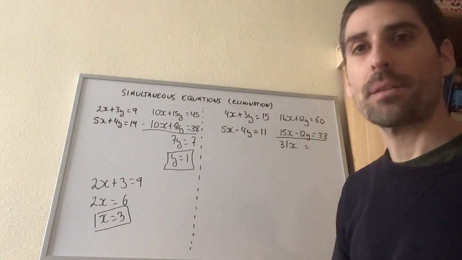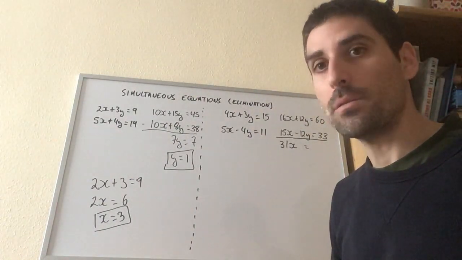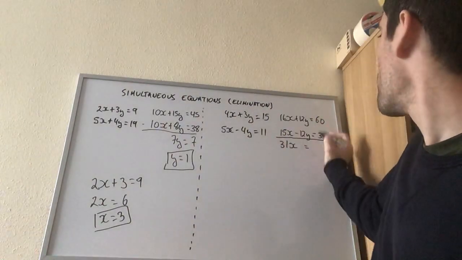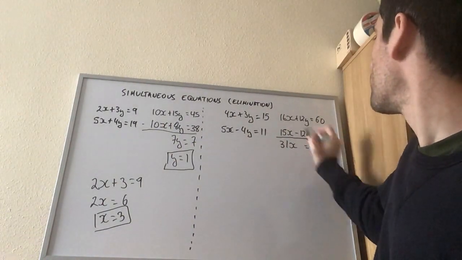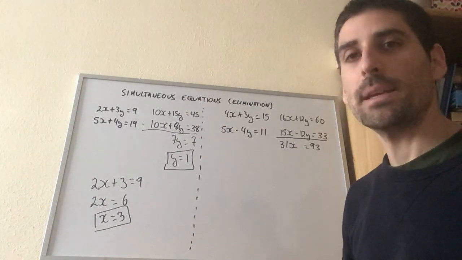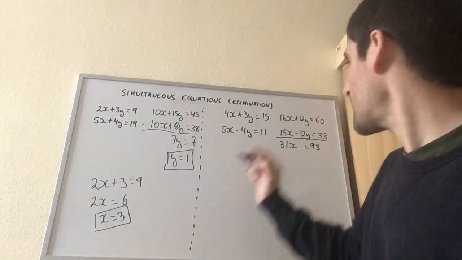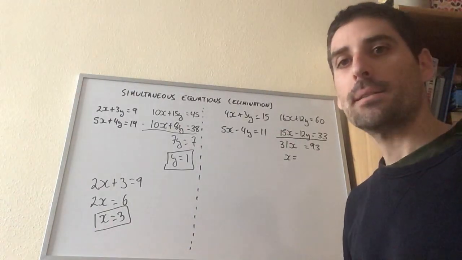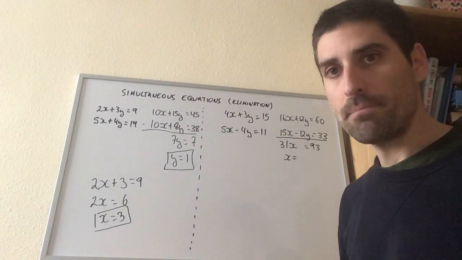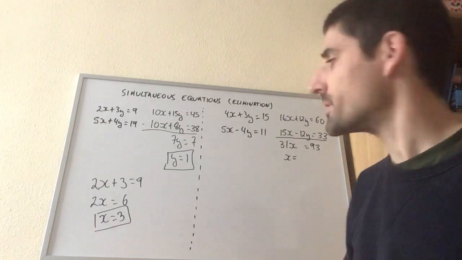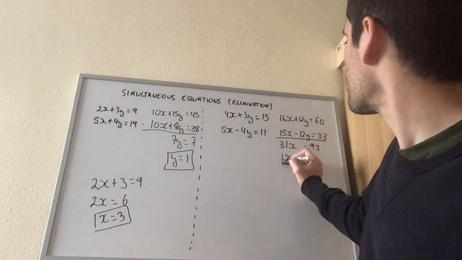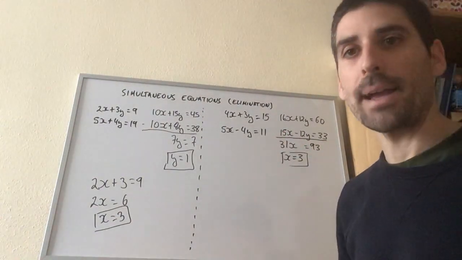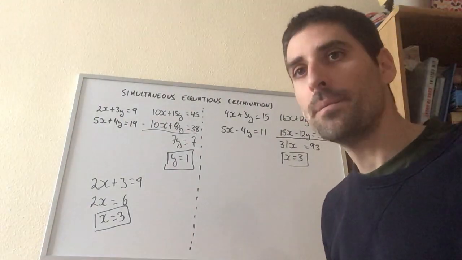And 60 plus 33 is going to be 93. So 31x equals 93. X is going to be 93 divided by 31. No problem. The answer is 3. X is 3.